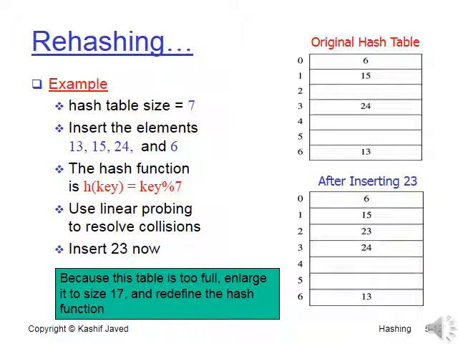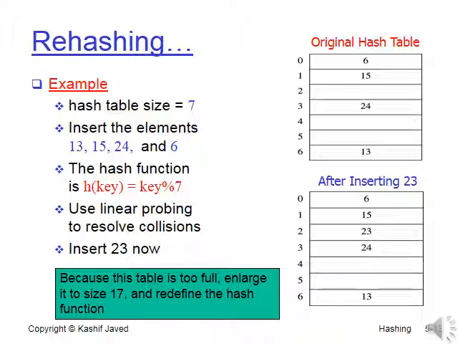Now let's take an example. Hash table size equals 7. We will insert the elements 13, 15, 24, and 6 in this sequence. The hash function equals key mod 7. We will use linear probing to resolve collisions.